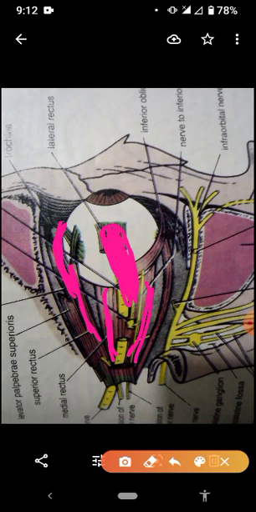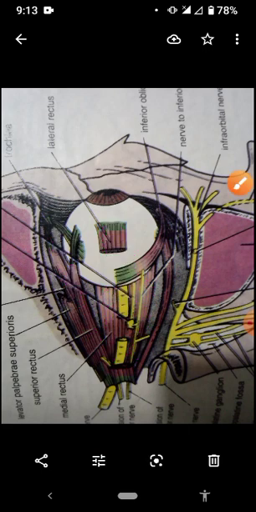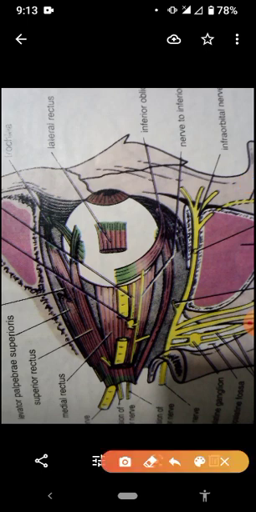Okay, now we come to the intrinsic muscles of the eyeball. What do you mean by intrinsic? Intrinsic means something which is inside. So the muscles inside this region are smooth muscles, which are not voluntary muscles.